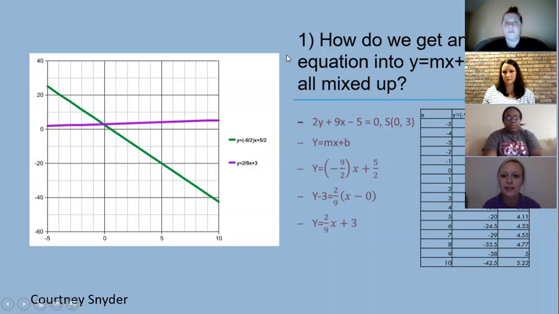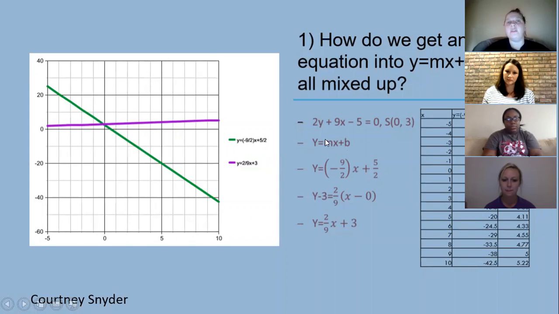Courtney, how do we get an equation into y equals mx plus b if it is all mixed up? That's a good question. So we see here right at the top that we have this equation, 2y plus 9x minus 5 equals 0. And we're given the point S, which is 0, 3. And we're wanting to get it into y equals mx plus b.